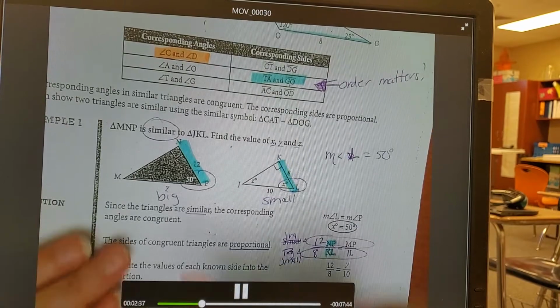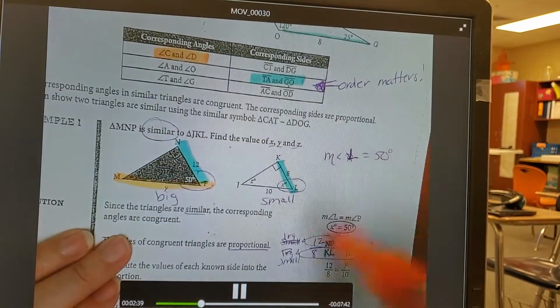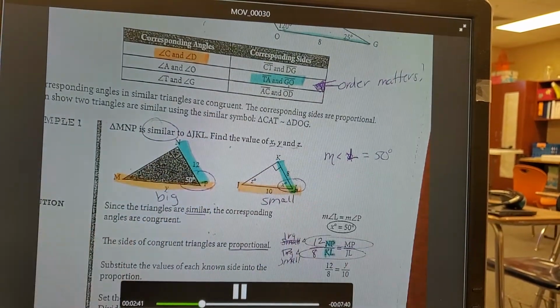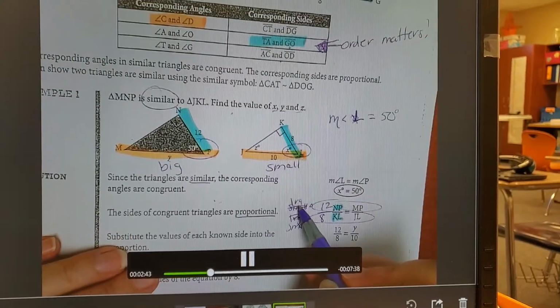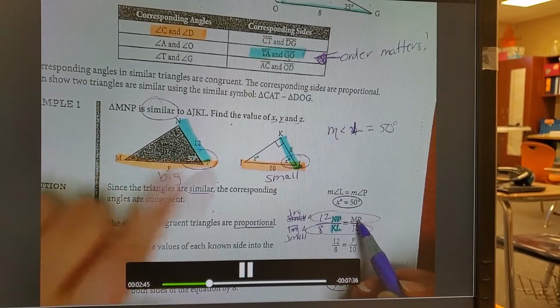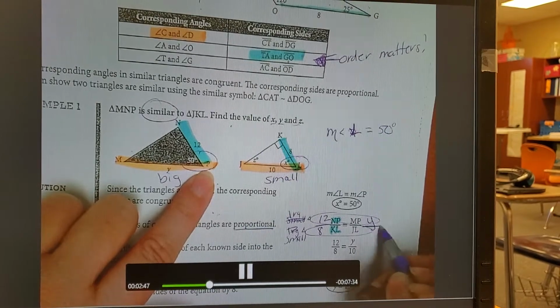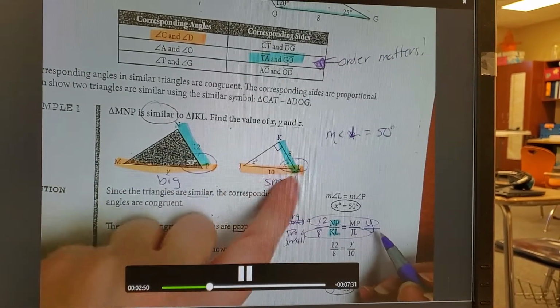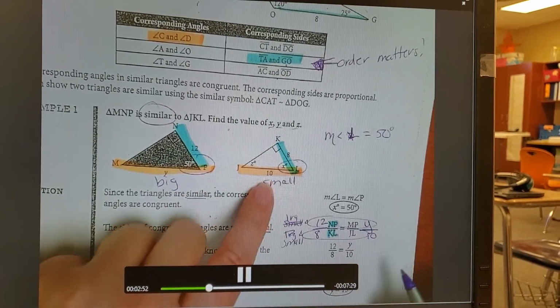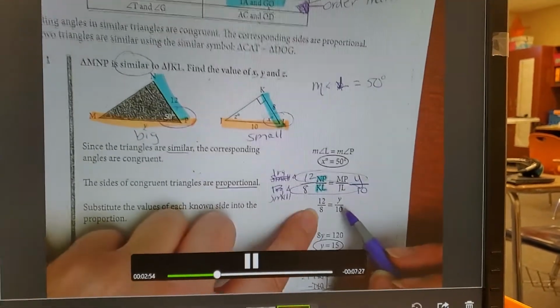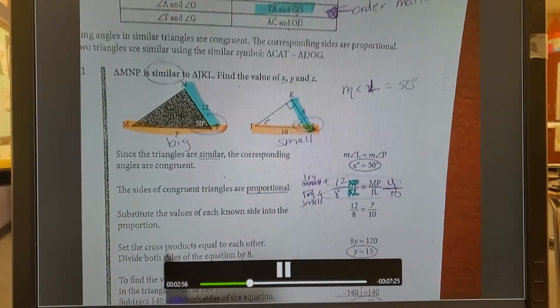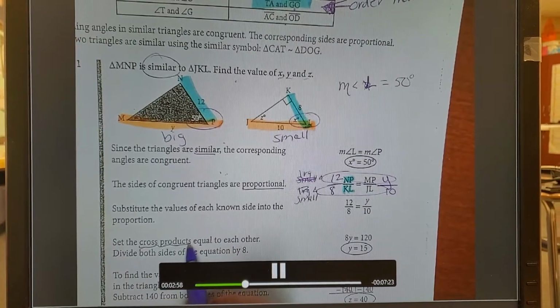Now from the large triangle, MP and JL are corresponding. So on the large triangle, MP is Y, what we're looking for, and JL is going to be 10. From here, we're going to do our cross products.